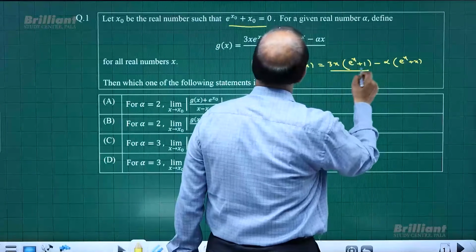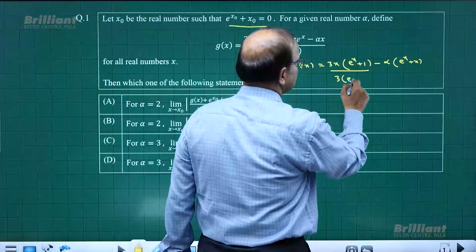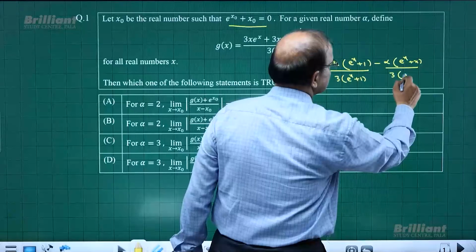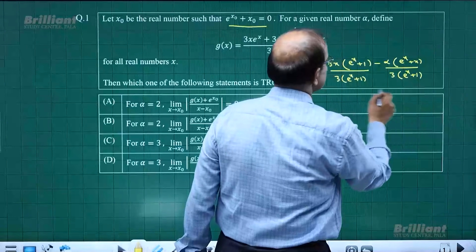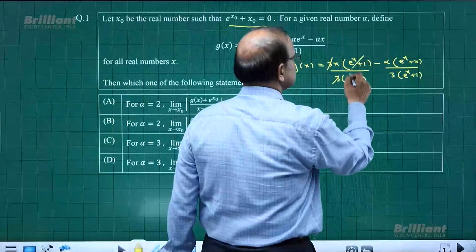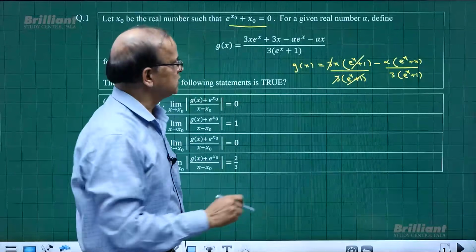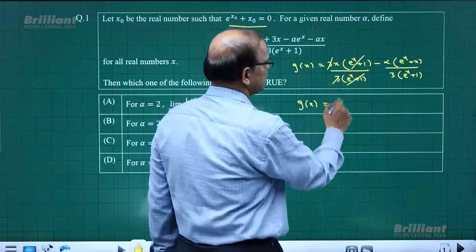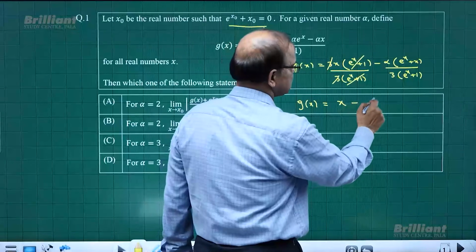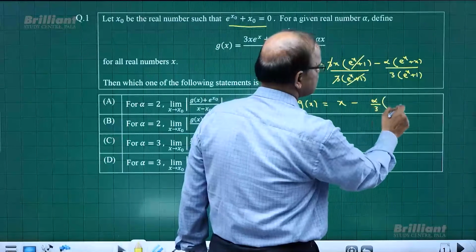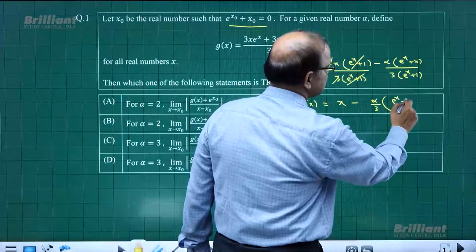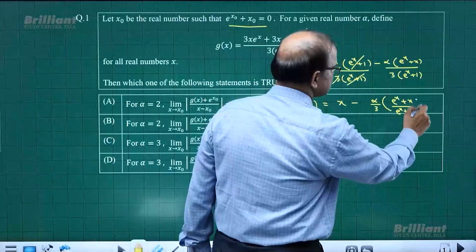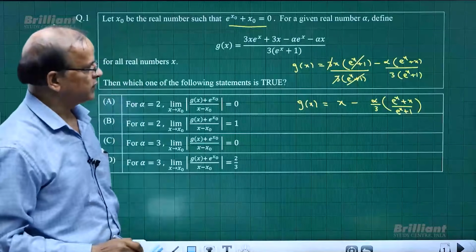Here divide by 3 e power x plus 1, again here also 3 into e power x plus 1. 3 cancels, e power x plus 1 cancels. So we have g of x is equal to x minus alpha by 3 times e power x plus x by e power x plus 1, right. This is g of x.